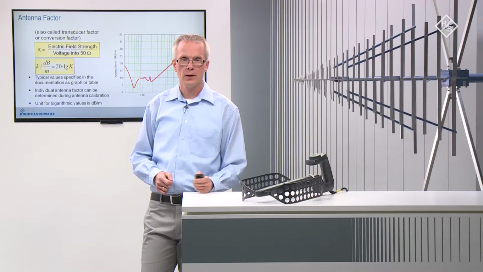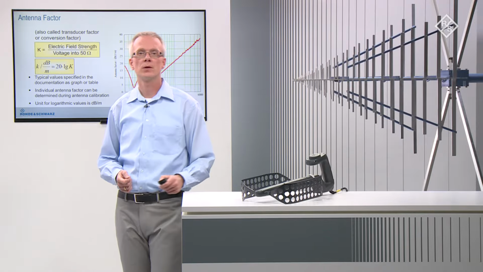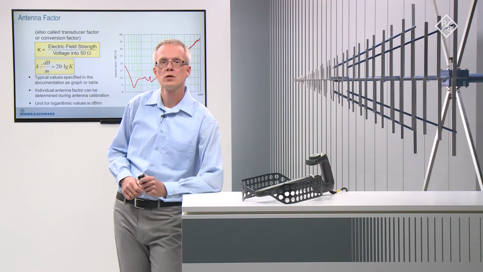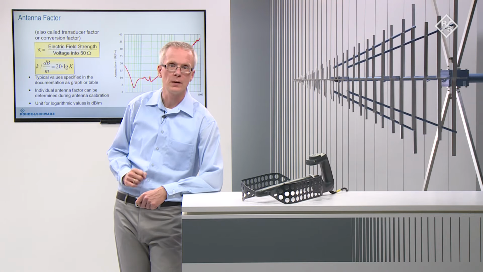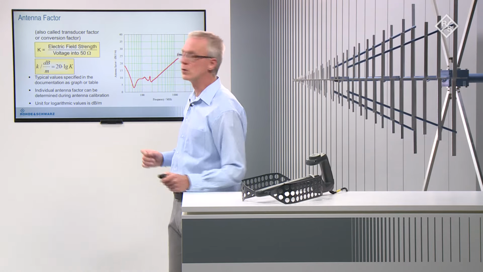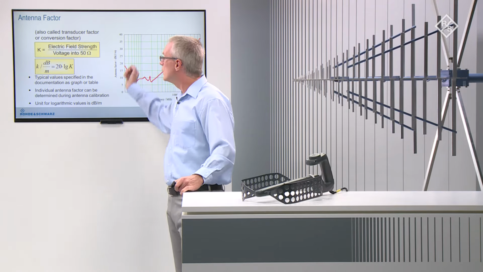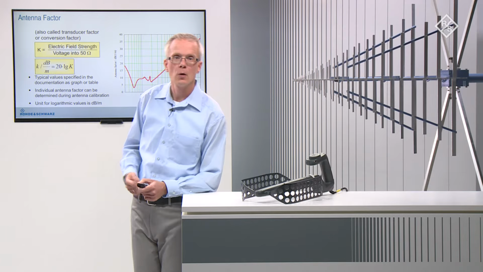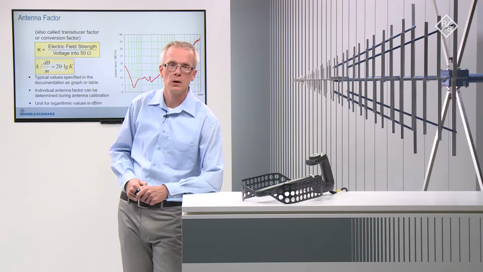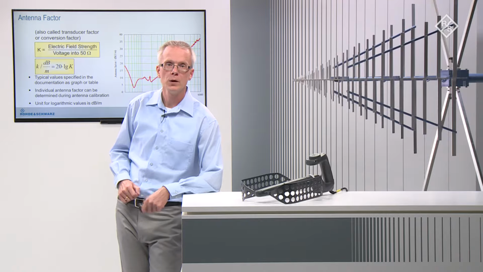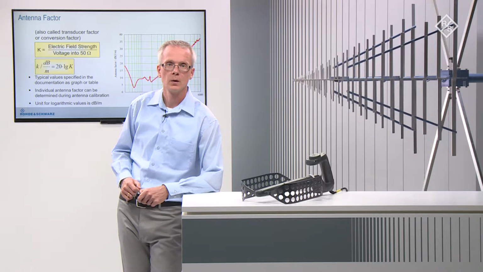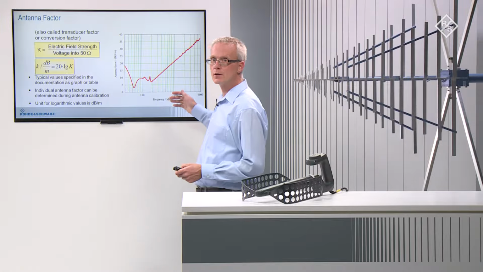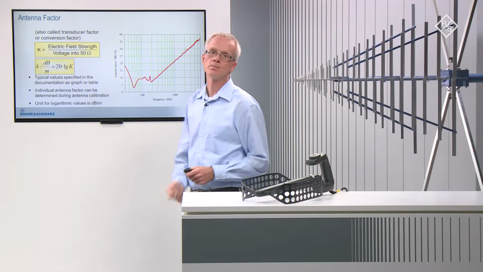It can be specified in linear format, where the unit of the antenna factor would be 1/meter, or, which is more common, as a logarithmic value based on the formula shown, where the unit would be dB/meter. Typical antenna factors are normally specified in the antenna documentation, either in graphical format or in a table. The graph at the right shows a typical curve of the antenna factor of a wideband antenna.